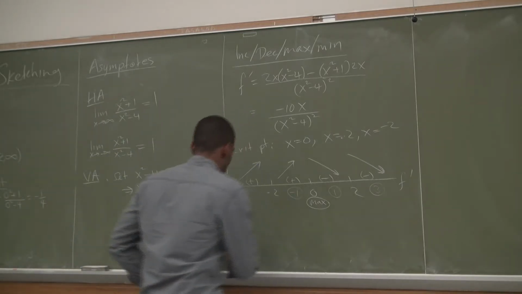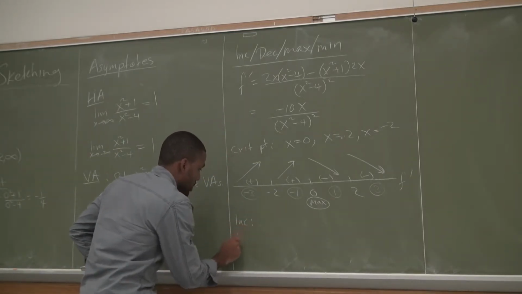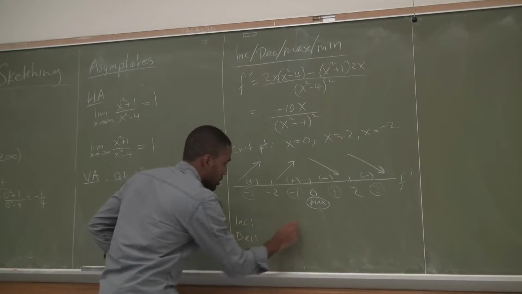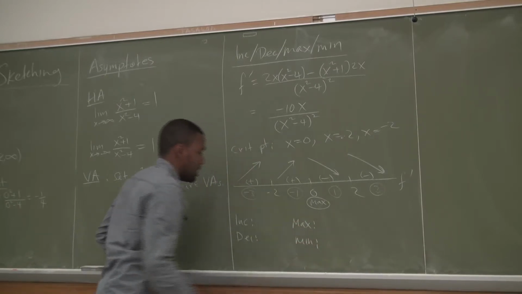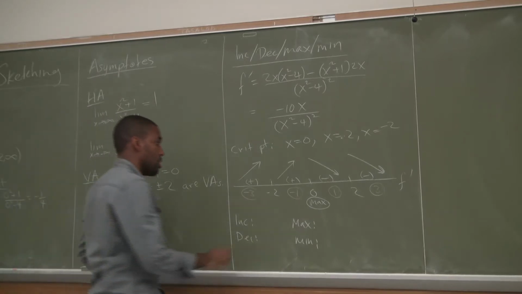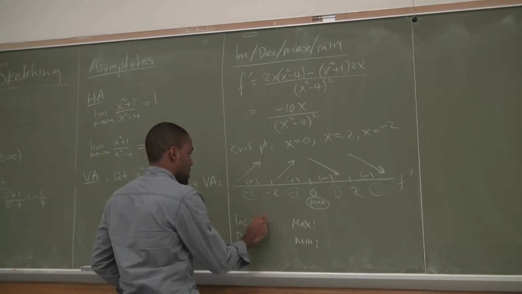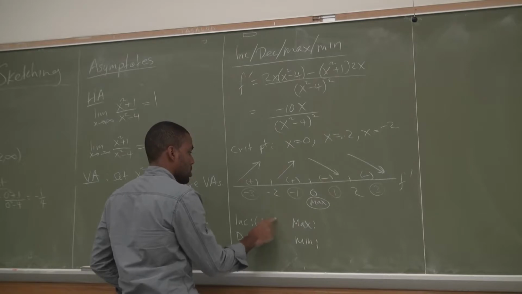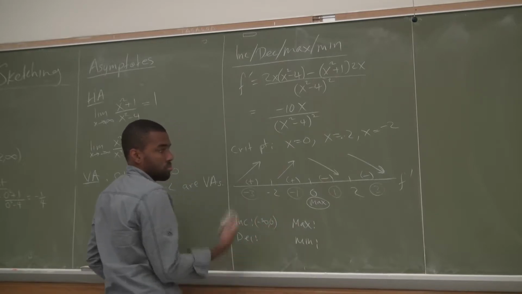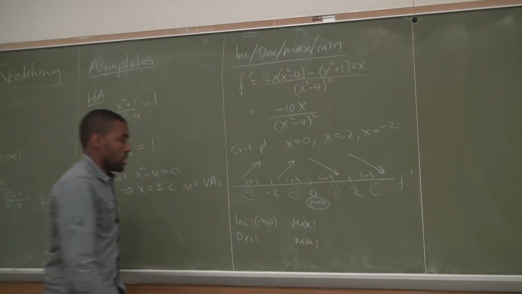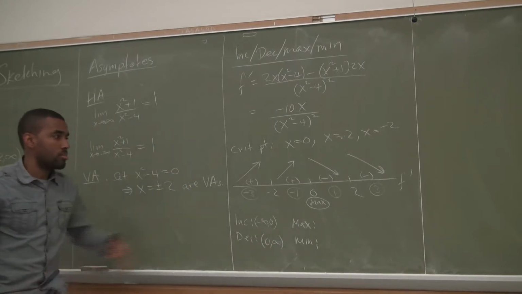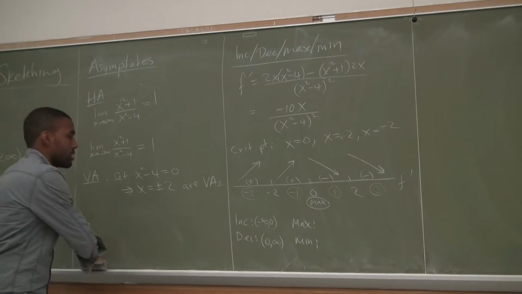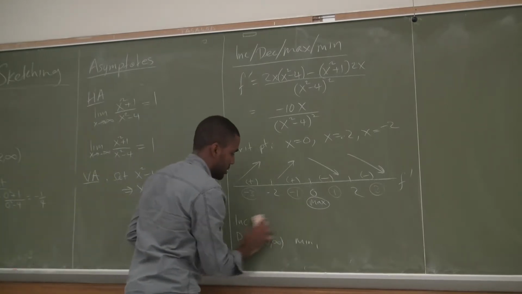Okay. So we're increasing, decreasing, max, min. So we're increasing on minus infinity to 0. That's it, right? We're decreasing from 0 to infinity. Technically, you have to avoid the 2 to touch.